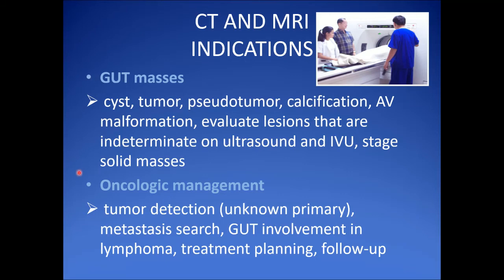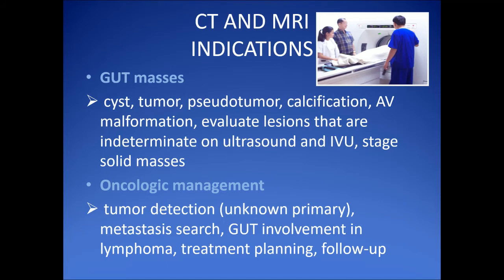So for oncologic management, if you want to detect any tumor in patients with unknown primary, if you want to search for any metastasis, whether it's within the solid organs or within the retroperitoneal or pelvic lymph nodes, then CT can answer for that.